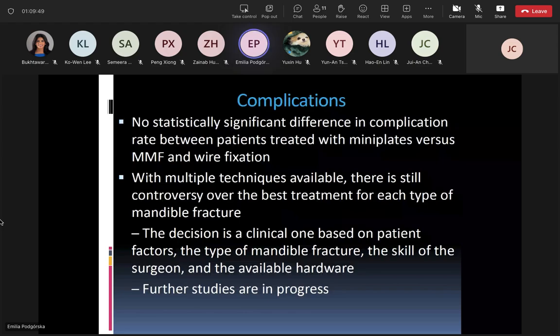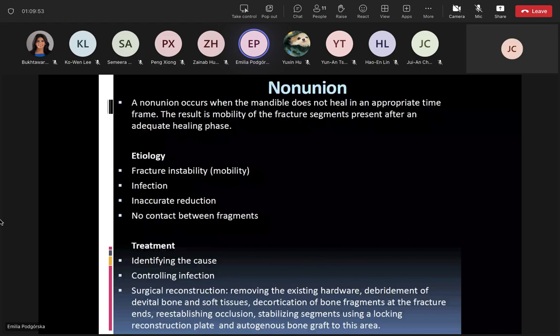A non-union occurs when the mandible does not heal in an appropriate time. The result is mobility in the fracture segment even after an adequate healing period. Etiology: fracture instability, infection, incomplete reduction, no contact between segments.